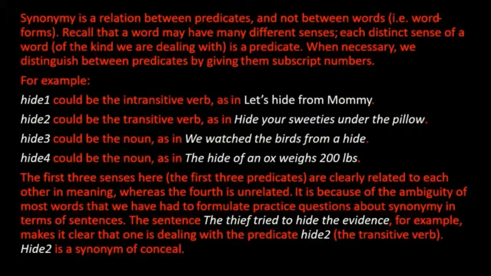The first three senses here, the first three predicates, are clearly related to each other in meaning, whereas the fourth is unrelated. It is because of the ambiguity of most words that we have had to formulate practice questions about synonymy in terms of sentences. The sentence, "The thief tried to hide the evidence," for example, makes it clear that one is dealing with the predicate hide 2.